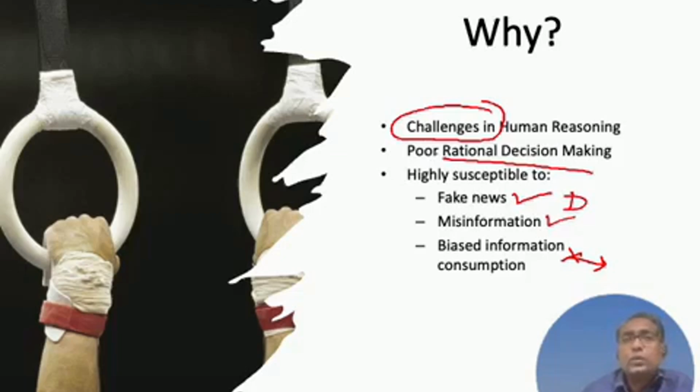All these suggest that we as humans are not equipped with the capacity to think critically about the information presented to us. And if you think about it, it kind of makes sense. Why? Because through evolution, we developed a system that is more quick than accurate, more automatic than precise.